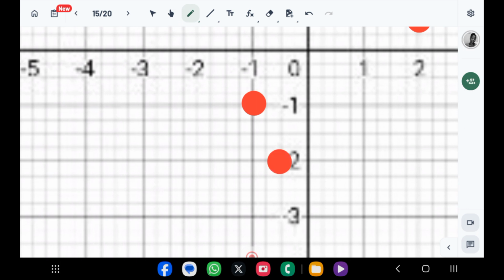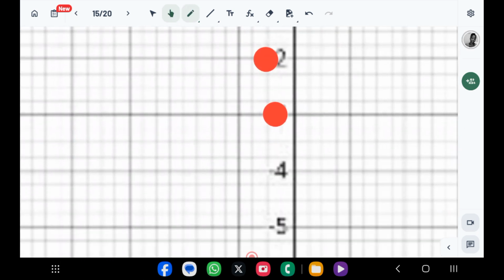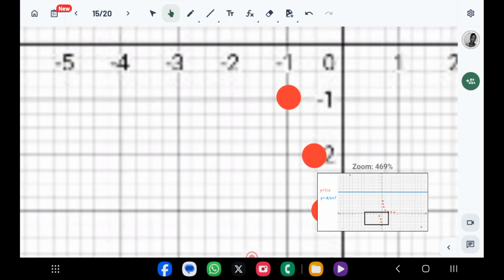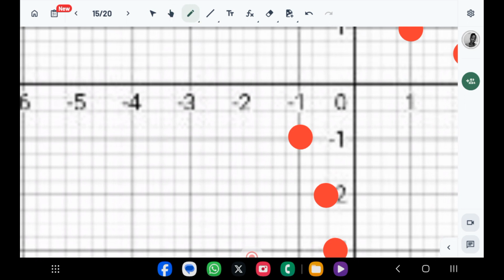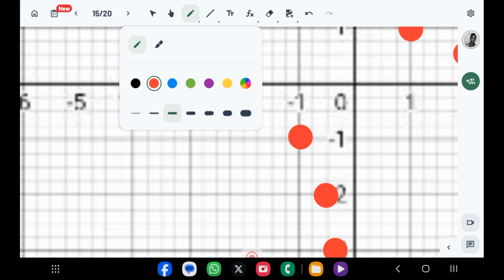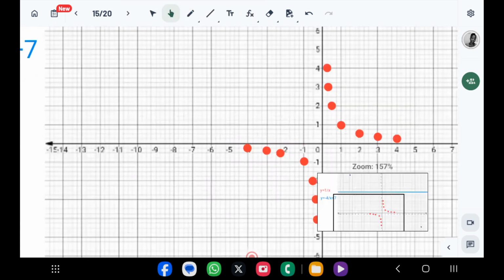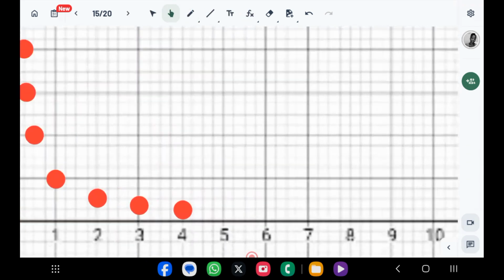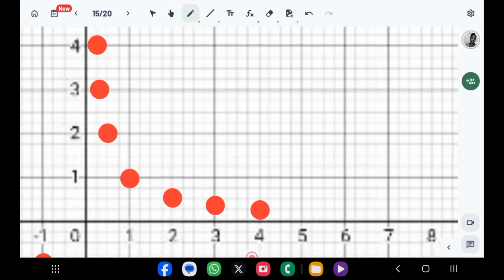Okay, you have this, you have that, and on a quarter, that's there. On the other side, we have half, a third, and a quarter. All right, let's join the lines. Here is how we join the lines.